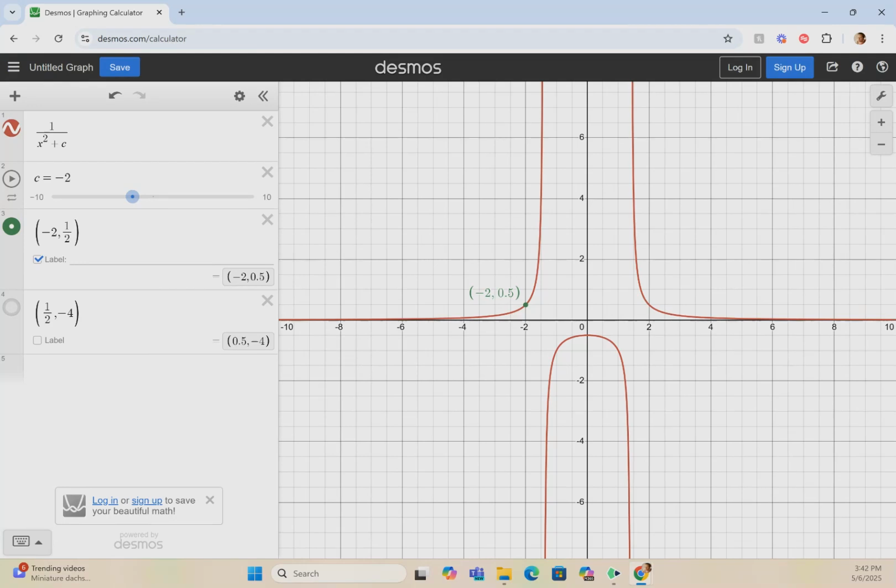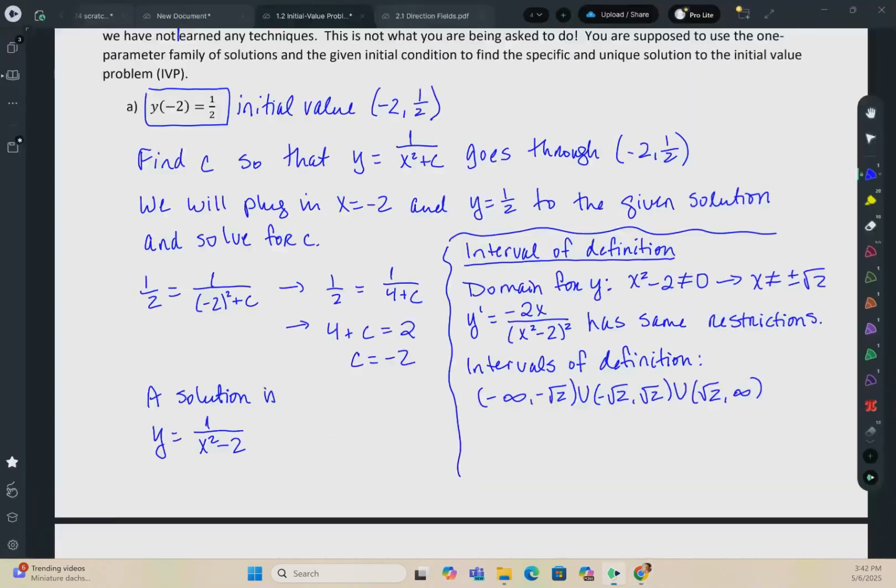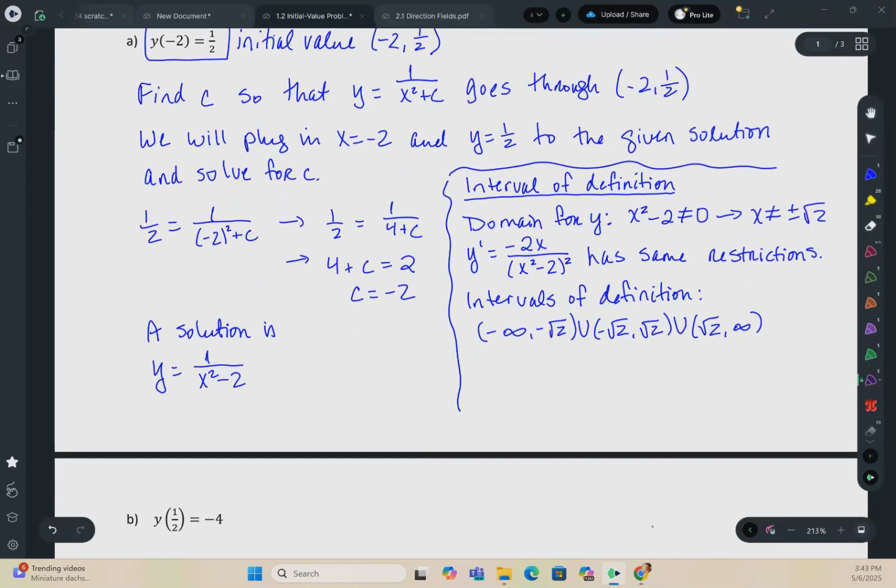And so this is the image that I want to keep in mind when I go to my notes. I can even just draw myself a really rough sketch that has the negative square root of 2 on it and the positive square root of 2 on it, and then just draw myself what I saw.